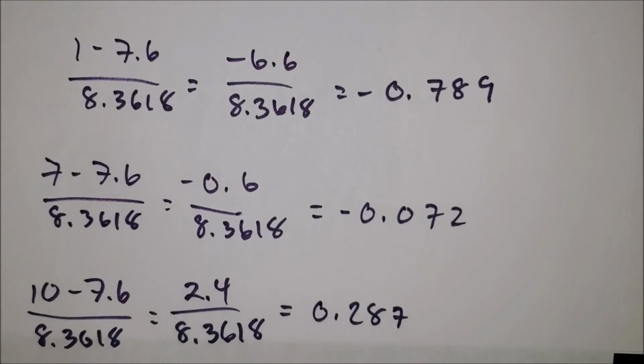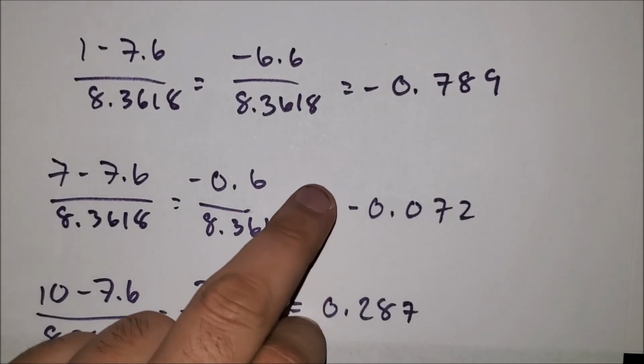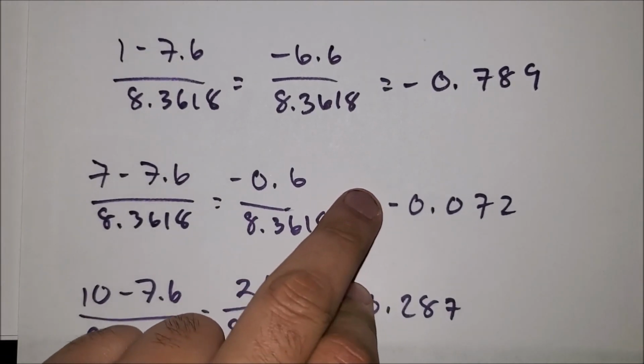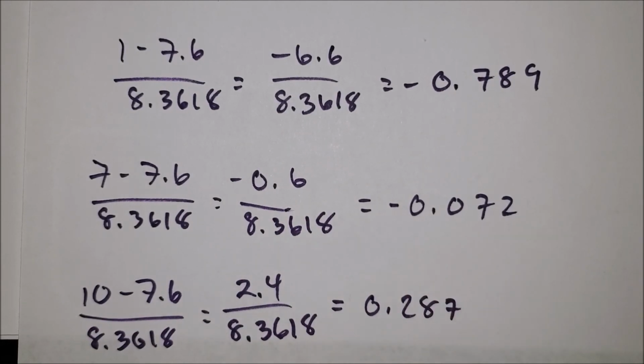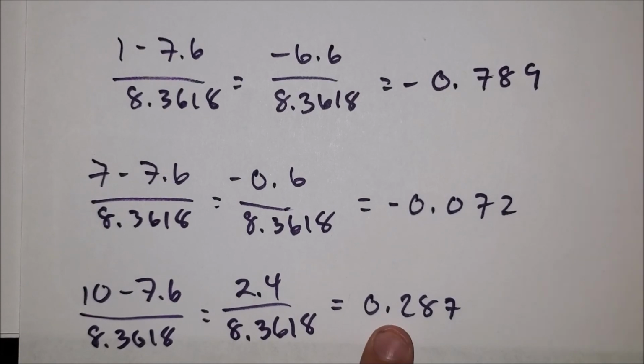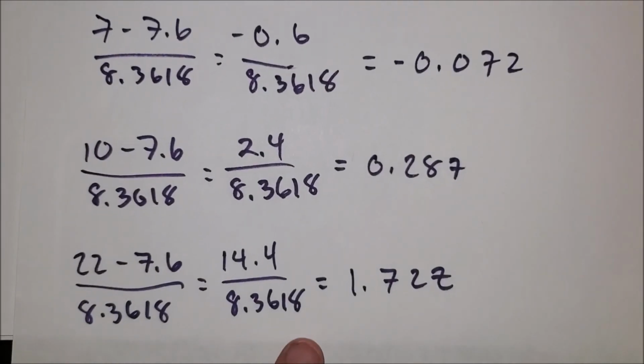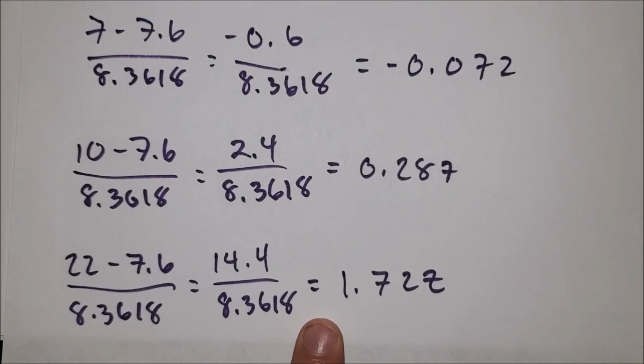With these, you can see that these are fairly close. 7 is very close to our average, our mean, and 10's fairly close to the mean. And then we get 22, which has a z-score fairly close to 2. It's not quite considered unusual, but it's definitely a little more unusual than the rest of the values.